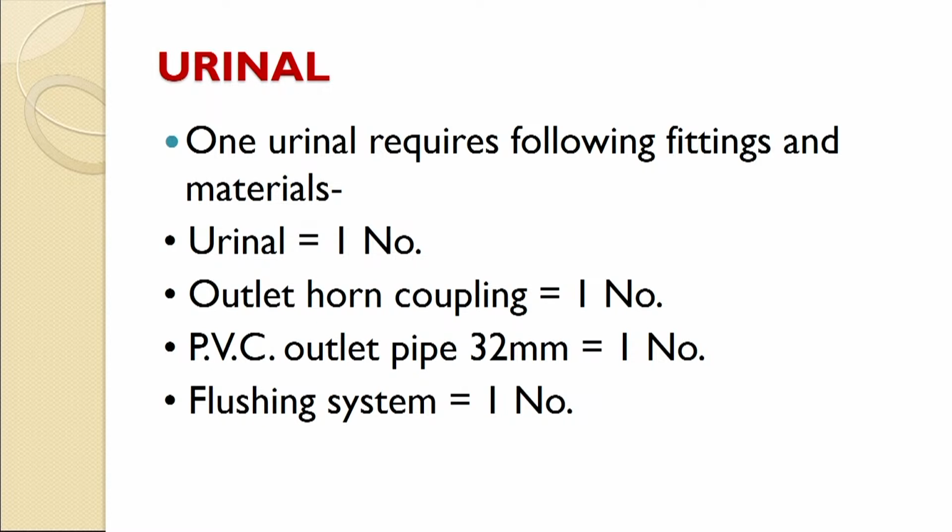The PVC outlet for the drainage system is again a size of 32 mm, quantity 1. A flushing system is also required, quantity 1. But we will again discuss these things when we discuss the repair and the maintenance of the urinals.